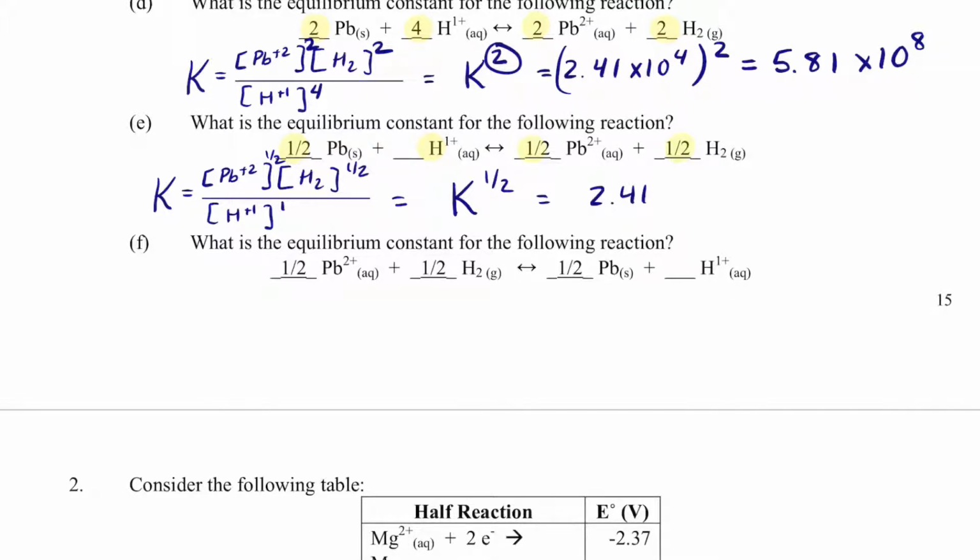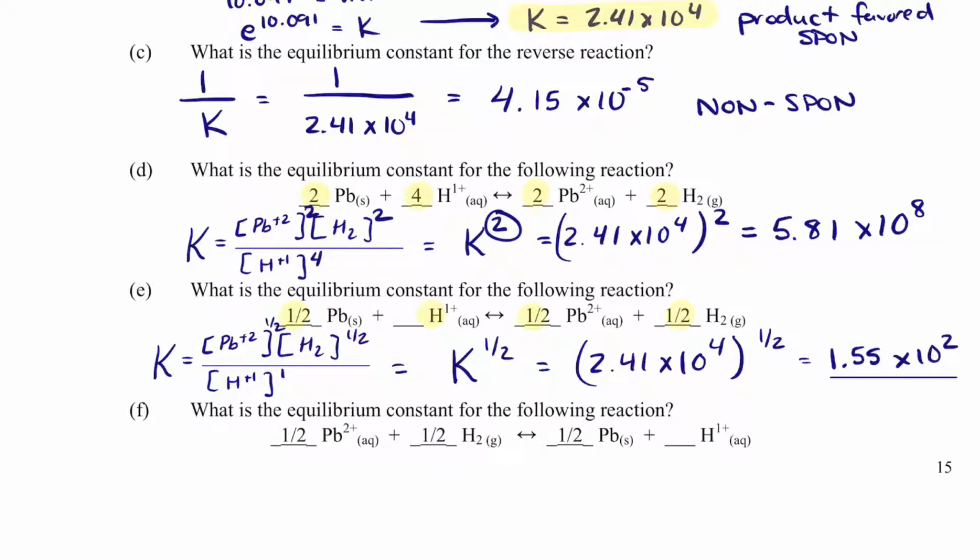So I'll take 2.41 times 10 to the 4th to the 1/2 power. I don't know the square root of 2.41 off the top of my head, but I know it's going to be 1 point something. And in fact, the square root of 2.41 is 1.55. And then the square root, or half, of 10 to the 4th would be 10 to the 2nd. And so I get 1.55 times 10 to the 2nd, and so that would be that answer.